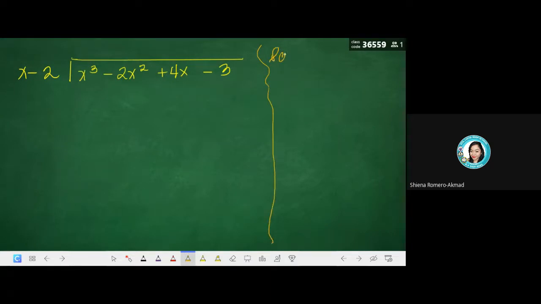So let us use this as our scratch. O kung kaya nyo na, naintindihan nyo na yung steps, pwedeng wala nang scratch. Pero kung hindi pa, mag-scratch kayo para may guide kayo. Okay, so let us start here. First to first ulit. So, ang technique ko lang dyan, nagbabawas lang sa exponent ng x.